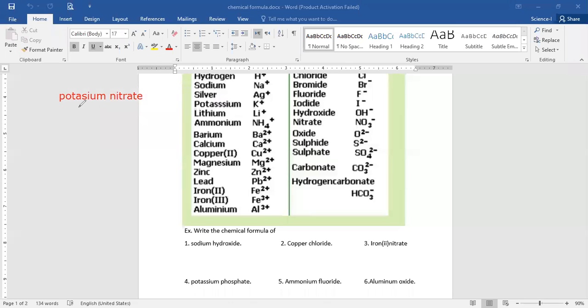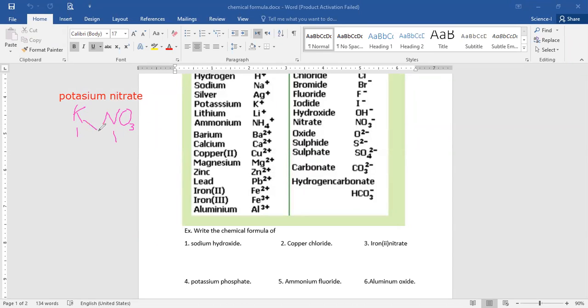Potassium is K, good, and its valence equals 1. Nitrate is NO3. Don't forget, it's a part of the name, so we cannot change it. Its valence equals 1 also.